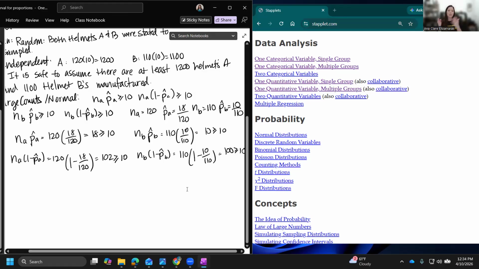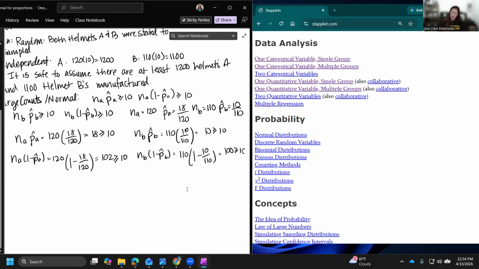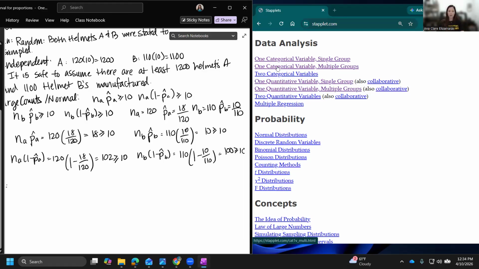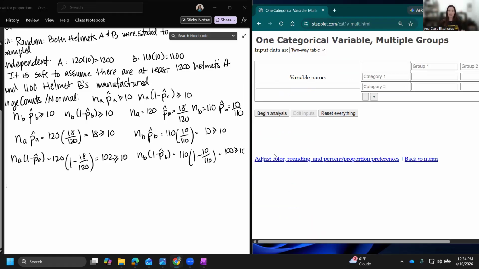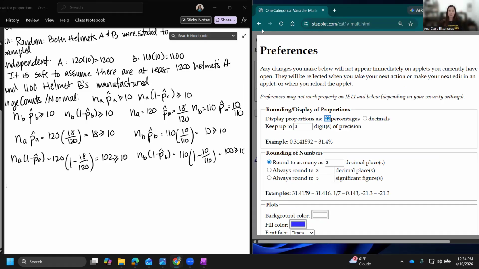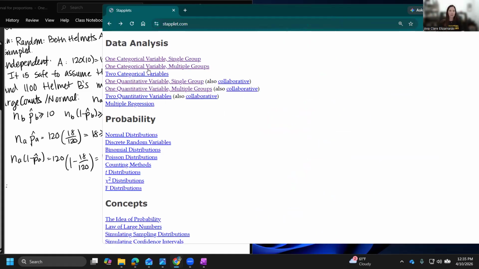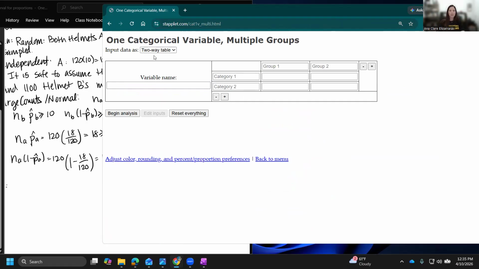And what we're going to do is use StatKey to perform those calculations for us. And because this is categorical, it's a yes, no, they either failed or they didn't. We're going to say one categorical variable, it's helmet failure, but we have multiple groups. We have group A and group B. So what that's going to look like is, make this a little bit bigger. We're going to say this is helmets.